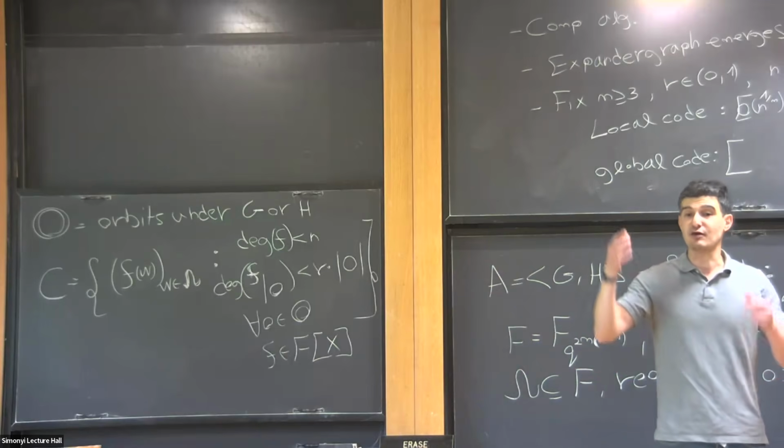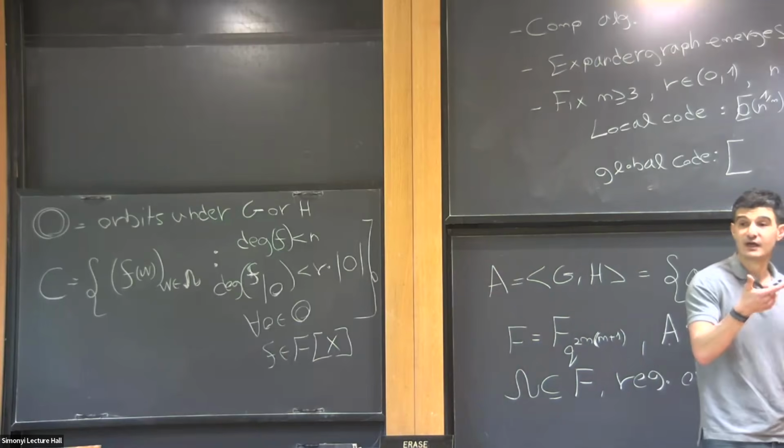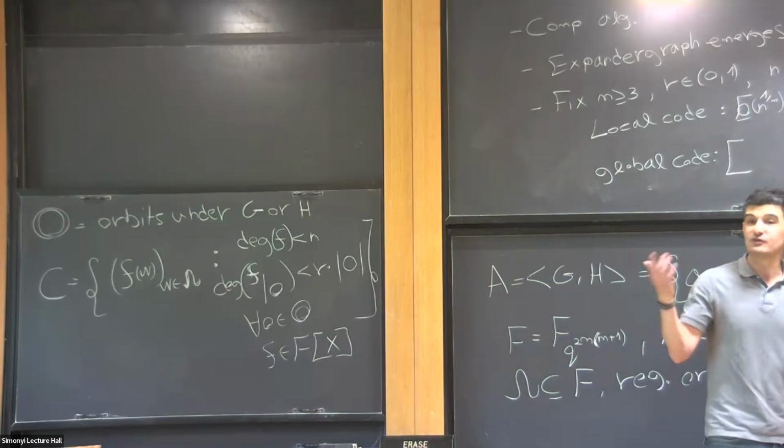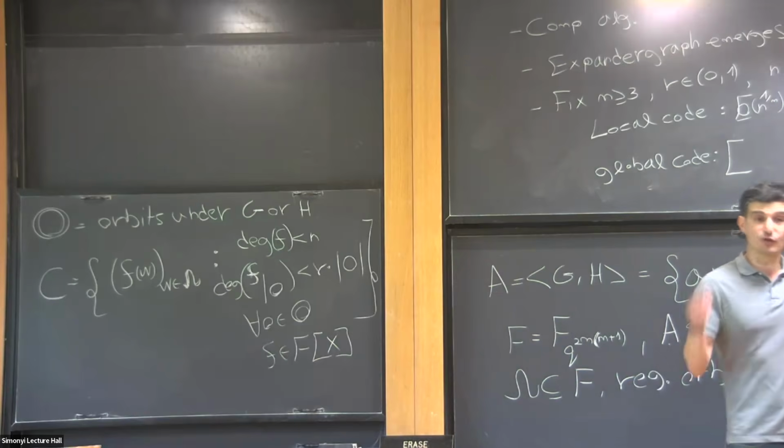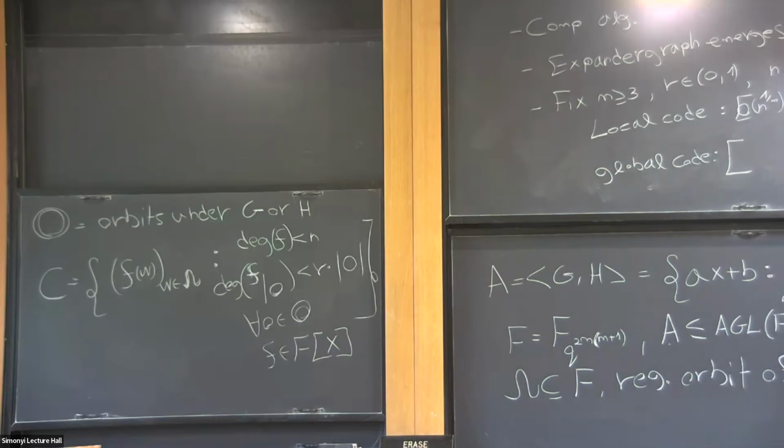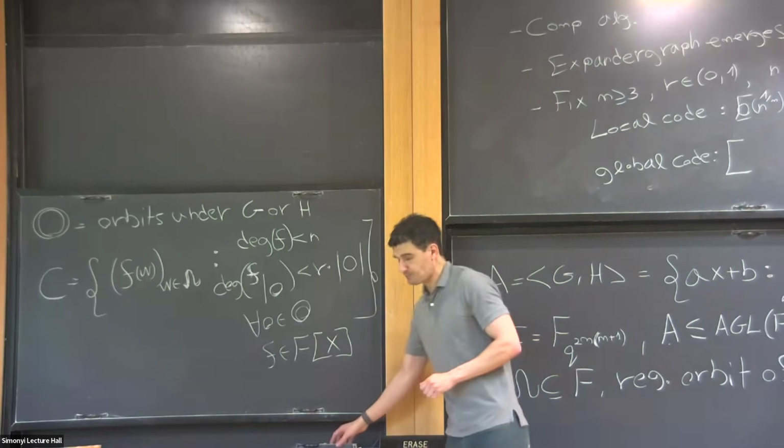In the usual expander graph, the coordinates are edges, and each edge participates in two local codes, one for each of the two vertices that the edge is connected to. So we can see exactly the same thing.